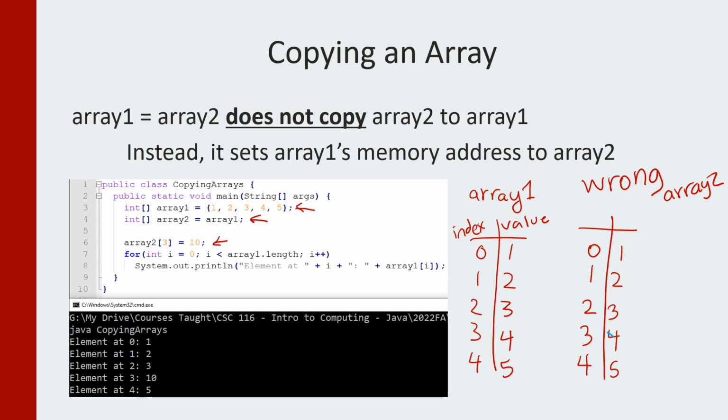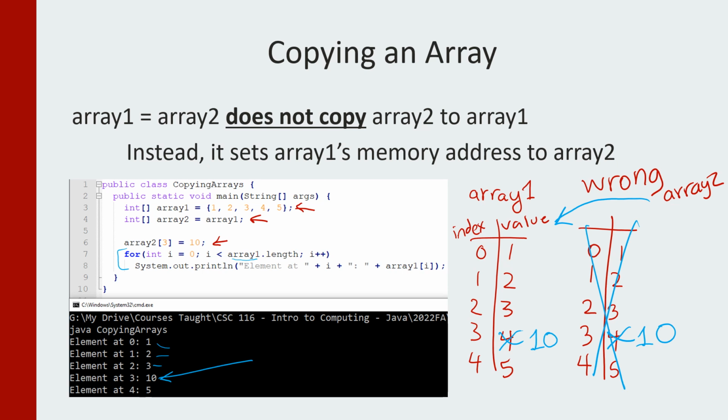I update this to 10, but when I print out the things in array 1, notice I have 1, 2, 3, 10, 5. That's because when you tried to copy array 2, it's not a copy. It actually just points array 2 to the same place as array 1, and therefore when you changed array 2, it also changed array 1.